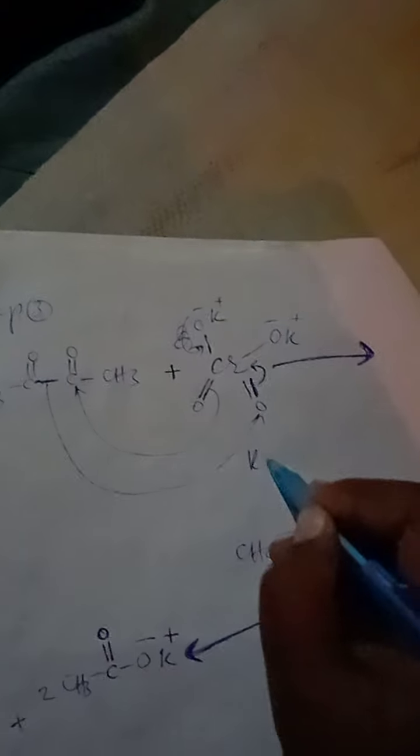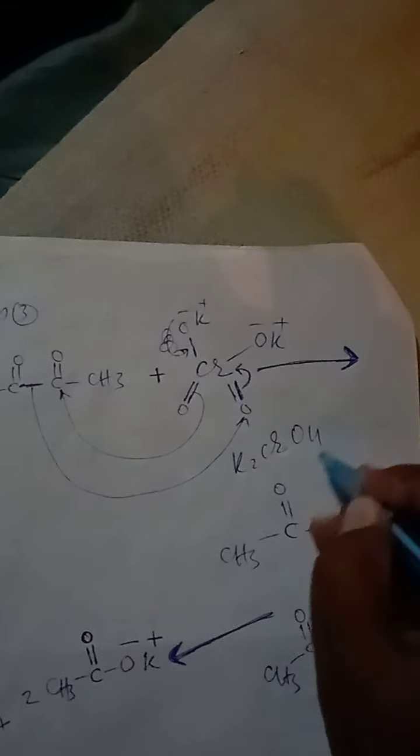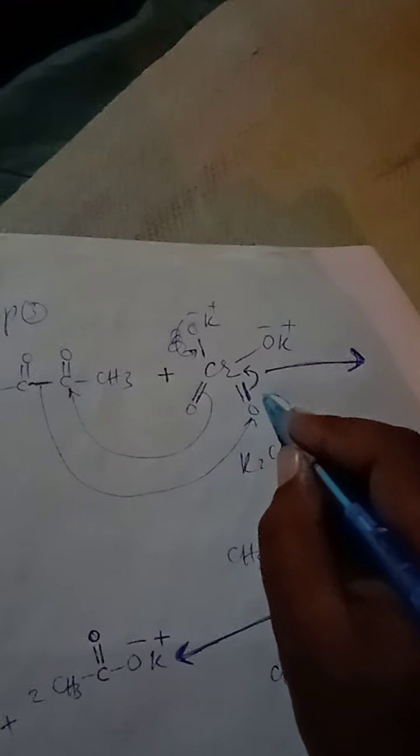Step 3 over here: the dicarbonyl compound reacts with the K2CrO4 oxidizing agent, which has this structure.